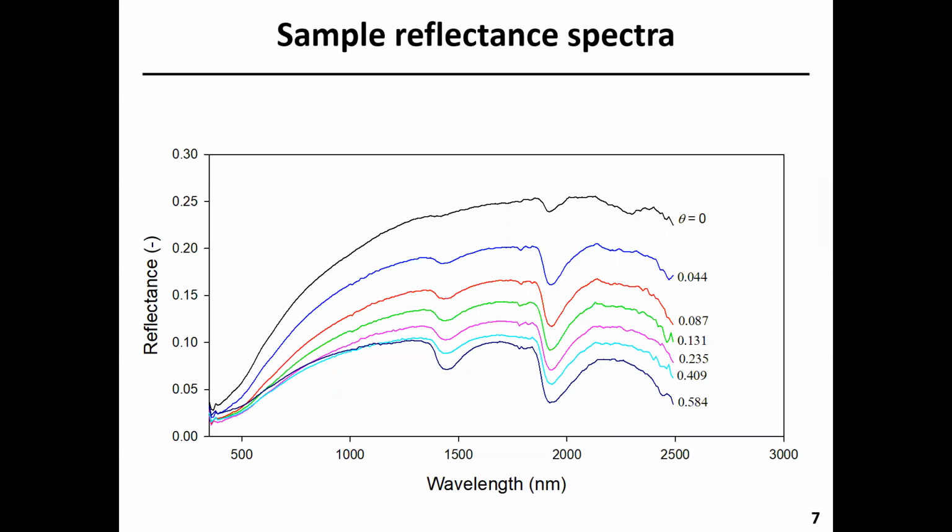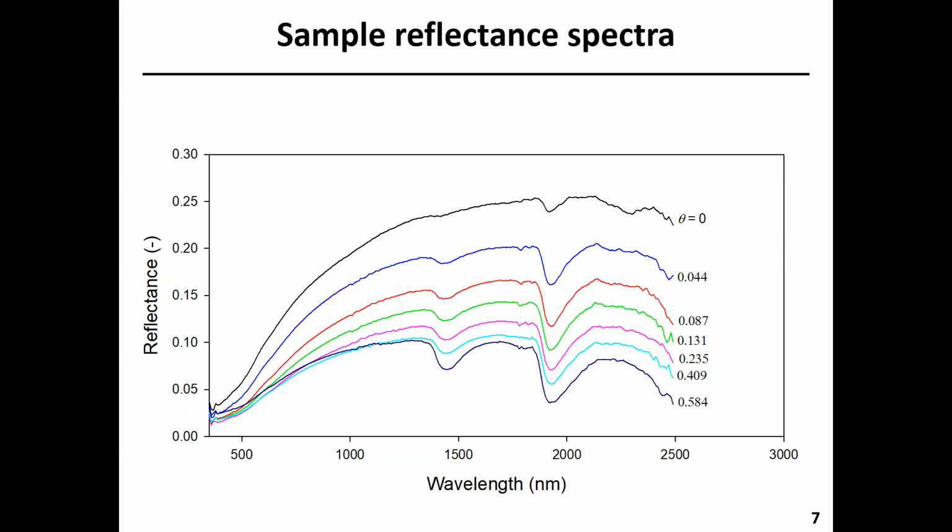So here I'm showing an example of the measured reflectance spectra for one of the soils. And I'm showing each spectrum for a moisture content level. And as you see, in most of the wavelengths, soil reflectance is decreasing with increasing soil moisture content.